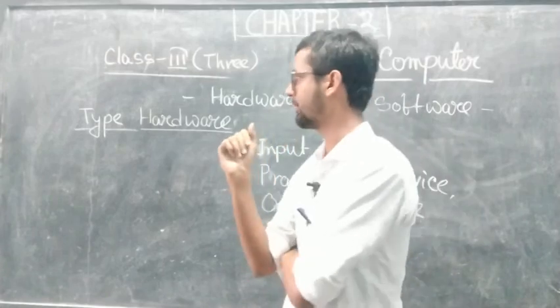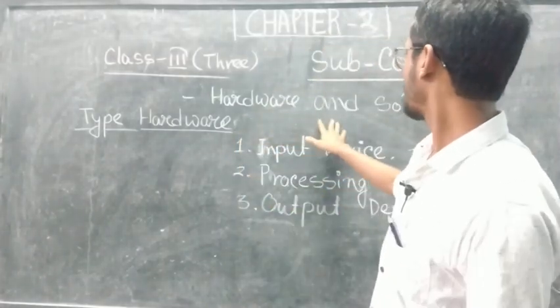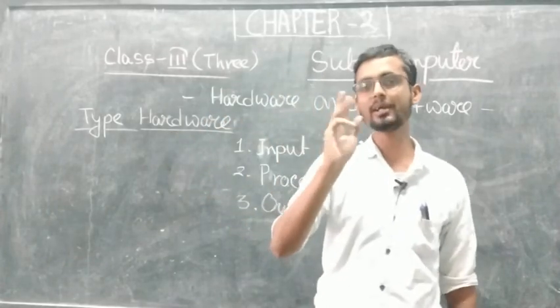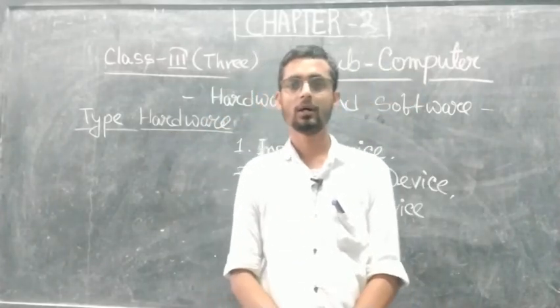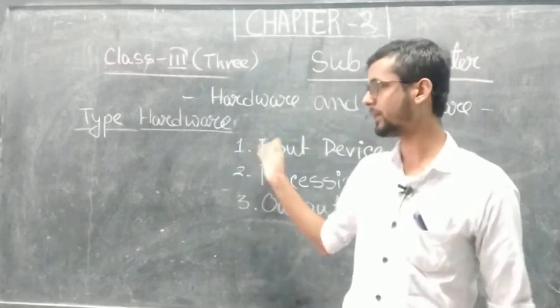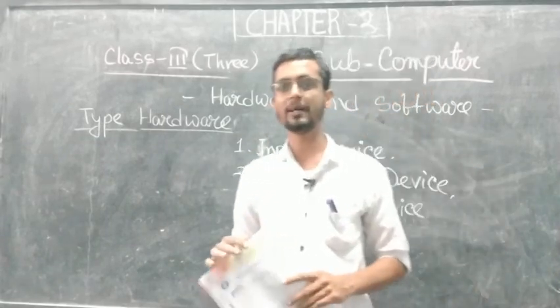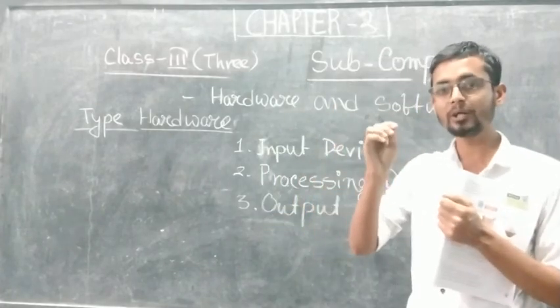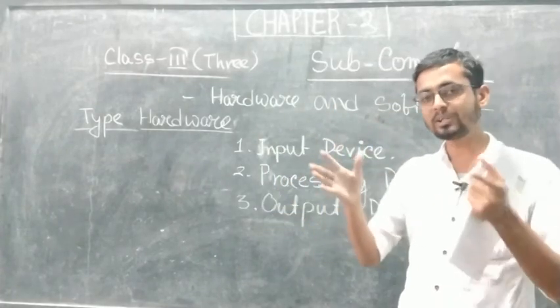You can see here hardware and software is the chapter name, and types of hardware. There are 3 kinds of hardware devices in a computer. Number 1 is input devices. Input device means we send information into a computer through these devices.